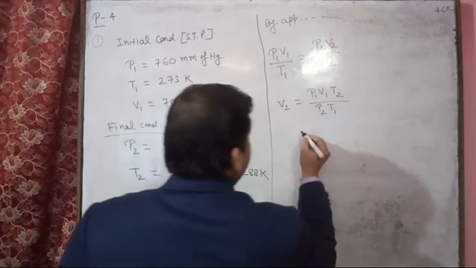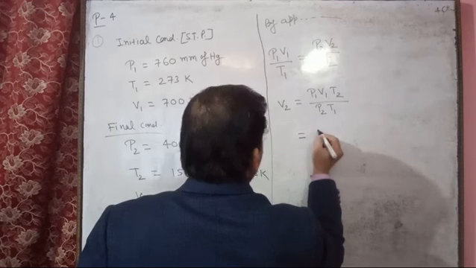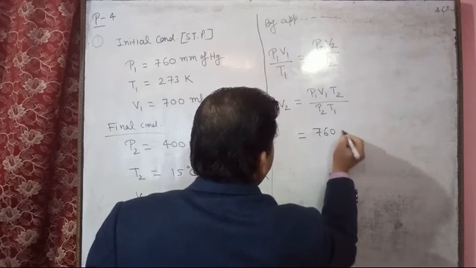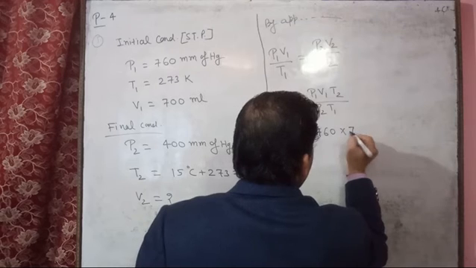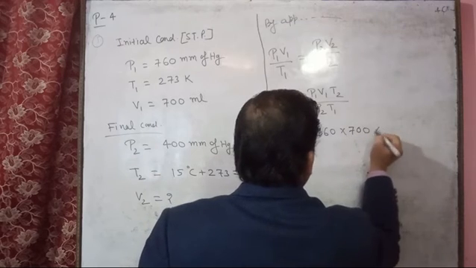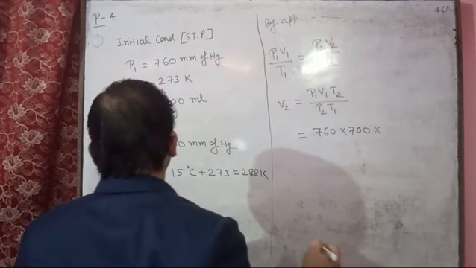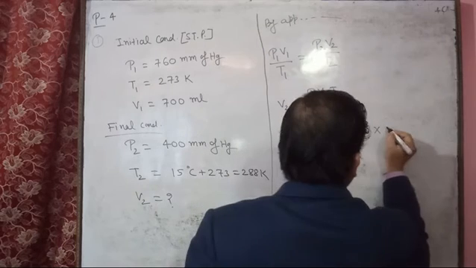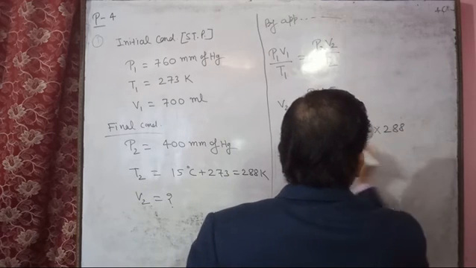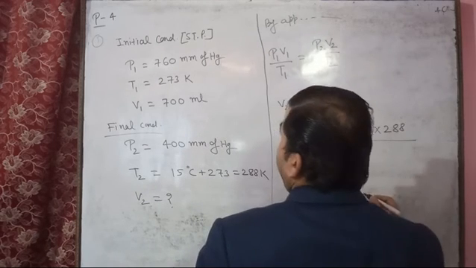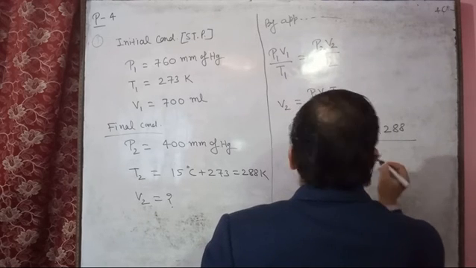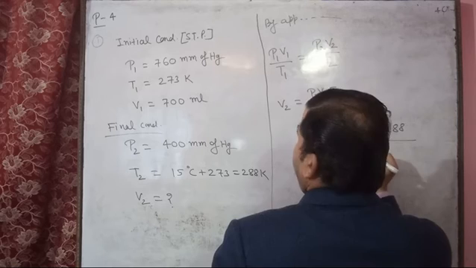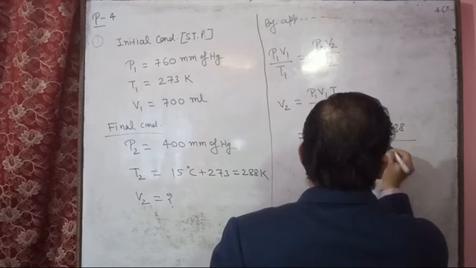For P1, given here 760, for V1 given 700, and T2 given 288, and P2 given 400, and T1 given 273.